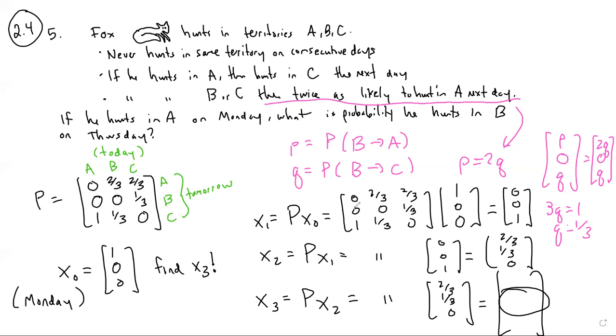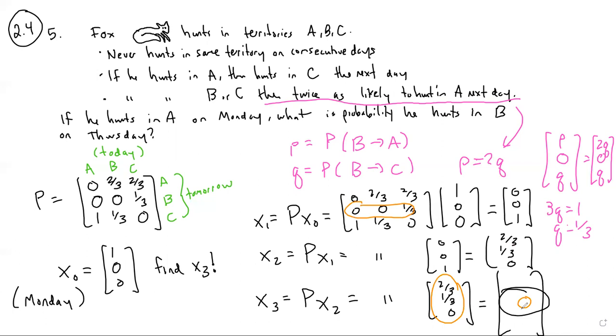It is the second row of the matrix times this, and it looks like it is 0. Yes, that definitely looks like a 0, and that should be our answer.